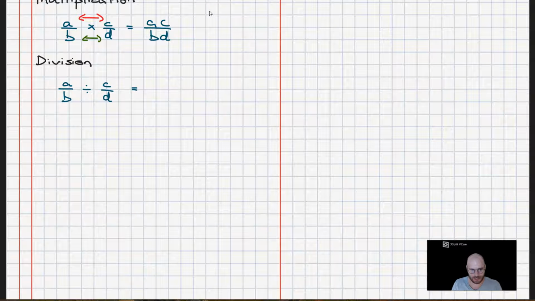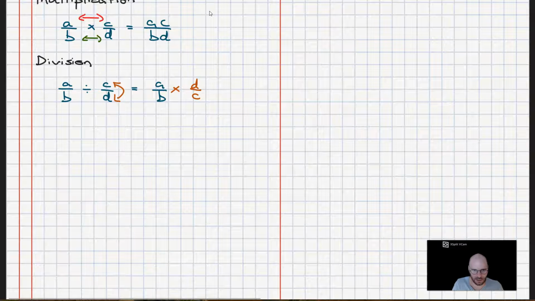And what we're going to do is we're going to get rid of this division symbol by flipping the fraction about. So we're going to get A over B, so we leave that unchanged, and then we're going to flip C over D. So C over D, flipping it about, is going to be D over C.